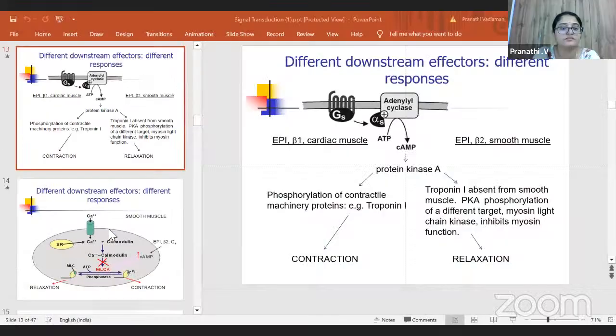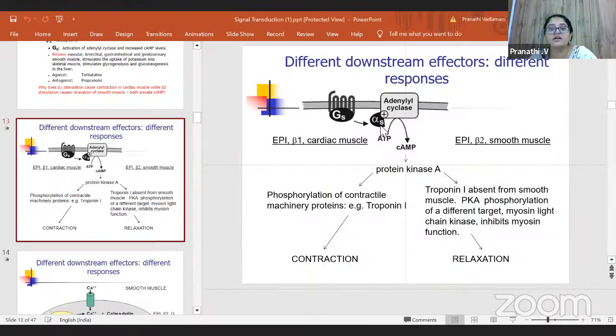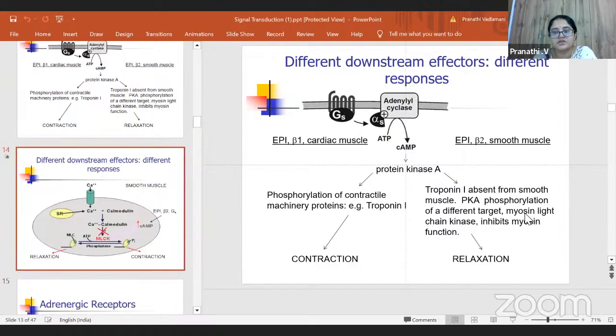Oh, sorry, I didn't share the screen in the first place. So you have downstream effectors which cause different kinds of reactions altogether. Like I told you, protein kinase A in muscles causes contraction. If it is not present, then it causes relaxation.